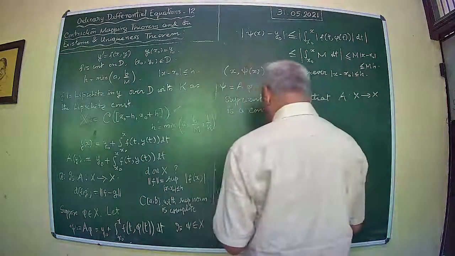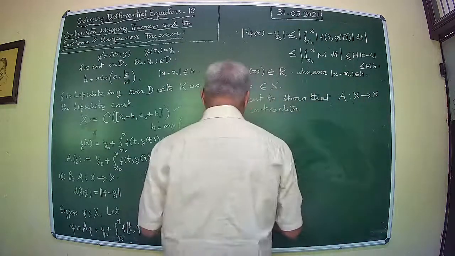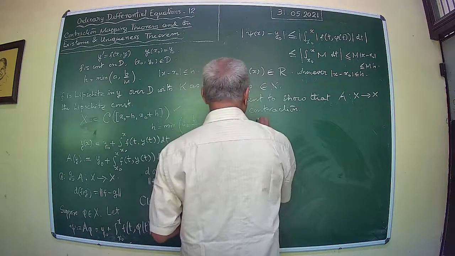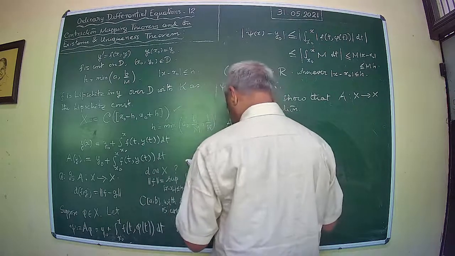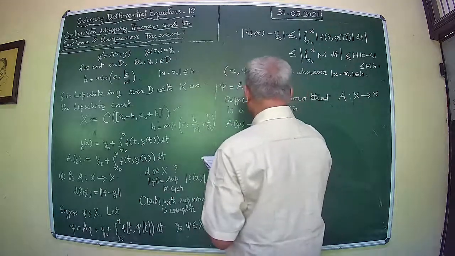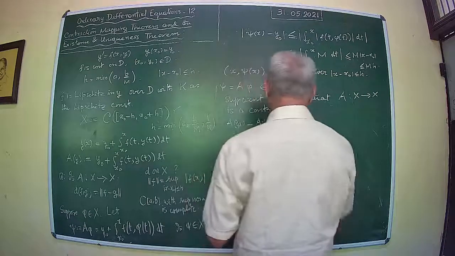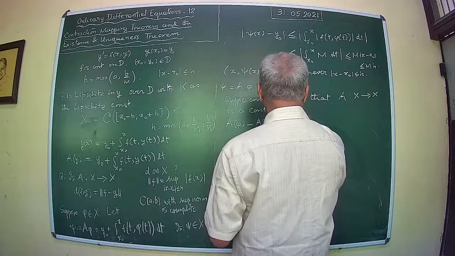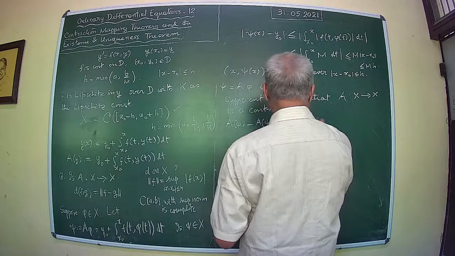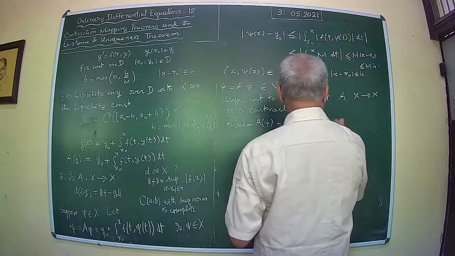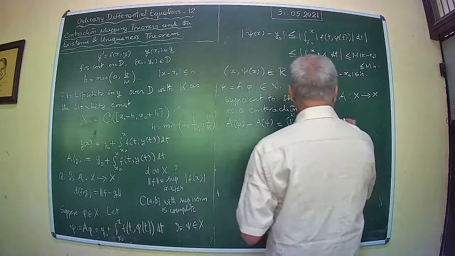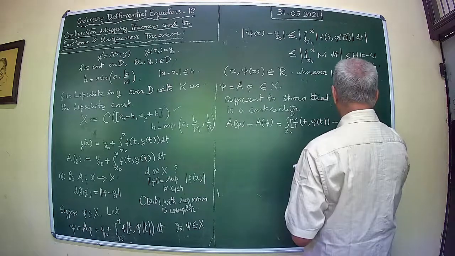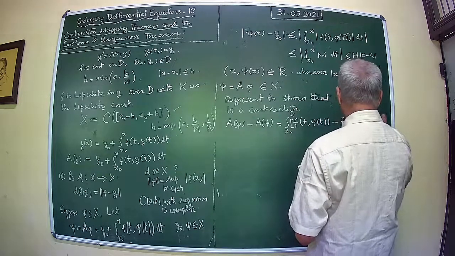So let us estimate this. See, A phi minus A psi, for two functions belonging to X, is equal to the integral from x naught to x of f(t, phi(t)) minus f(t, psi(t)) dt.